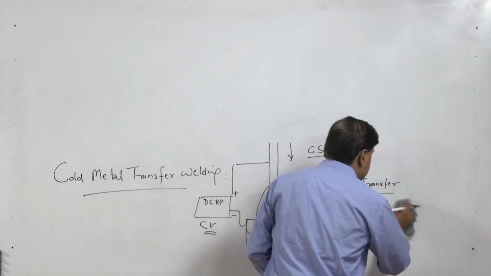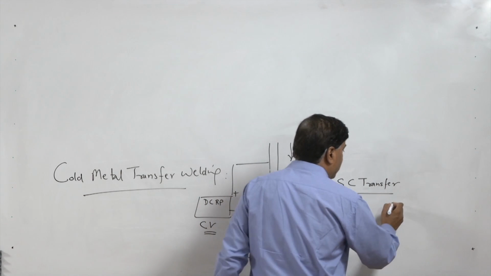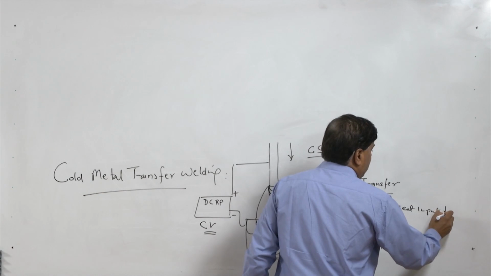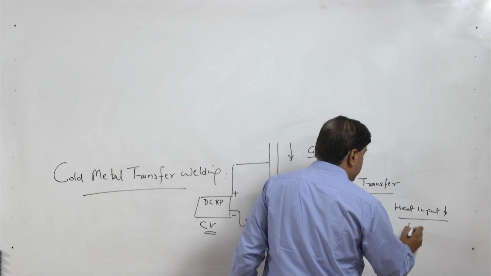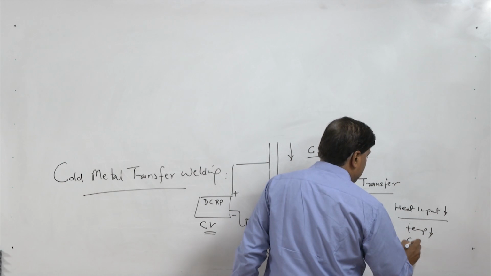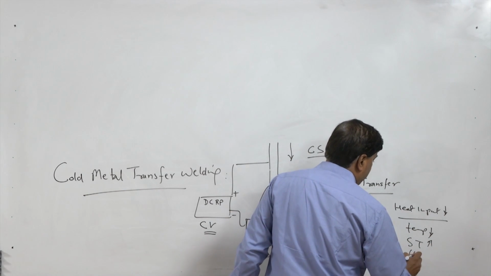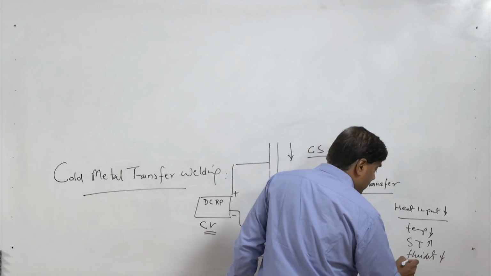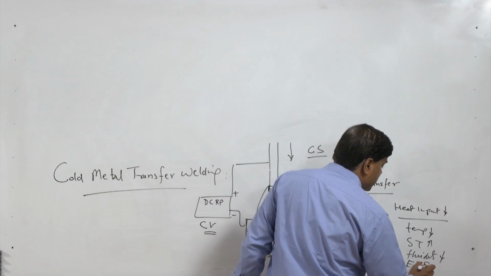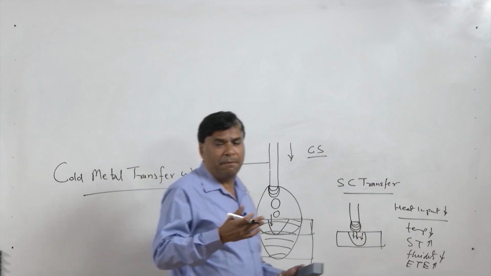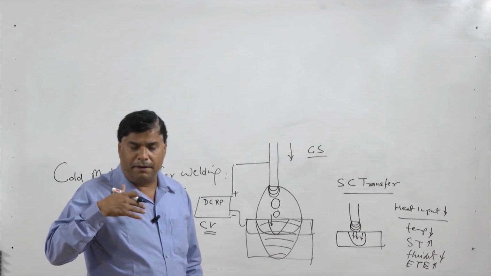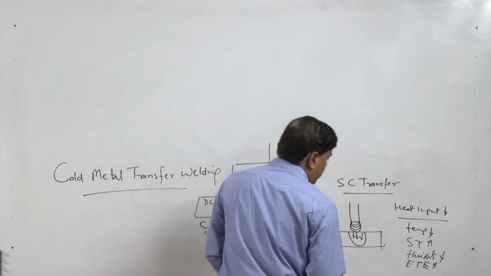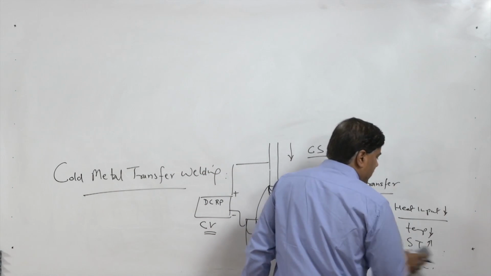In this process, because of the low current, heat input is very less. Less heat input means the temperature of the molten metal is less, surface tension is high, and fluidity of the molten metal is less, and we will see that elemental transfer efficiency is high because the heat applied is limited and the temperature generated is also very limited.